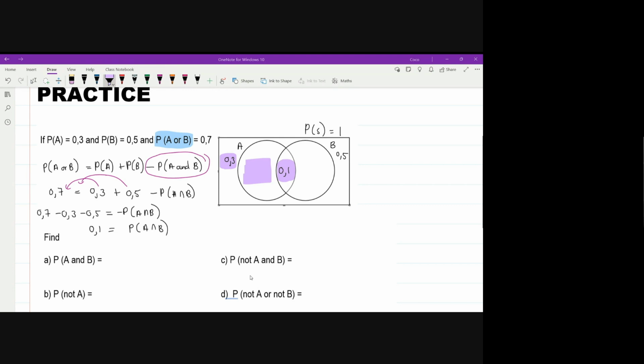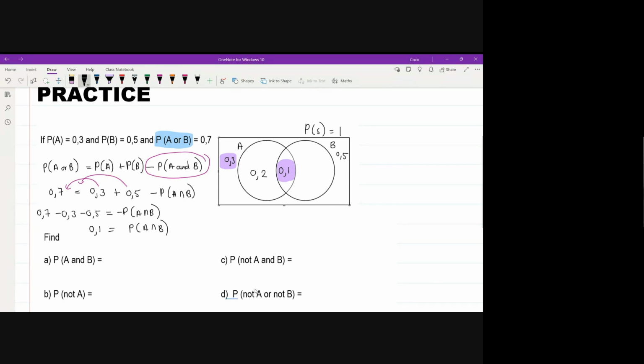If the whole thing must be 0.3 and 0.1 has already been accounted for, what is the little bit that's left? It's not a trick question, I swear. It's just going to be 0.2. Does everybody understand why it's 0.2?